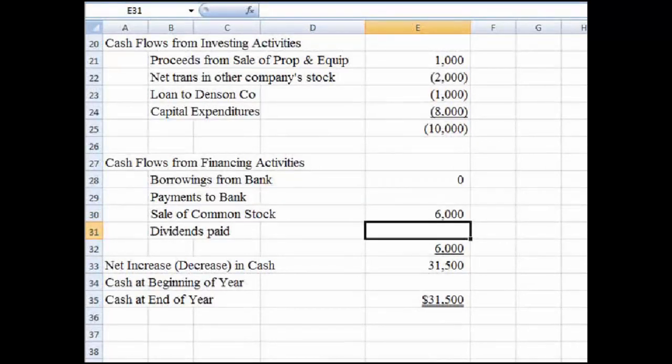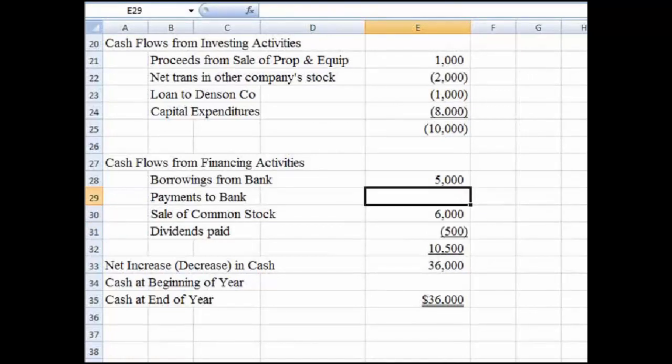Four lines down in the book, the transaction says borrowed $5,000 from a bank. The entry on the form is a positive $5,000 on the line labeled borrowings from bank. Down 2 more lines in the book is the transaction paid a $500 cash dividend. This necessitates a negative $500 on the line labeled dividends paid.